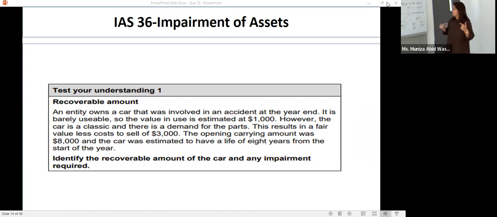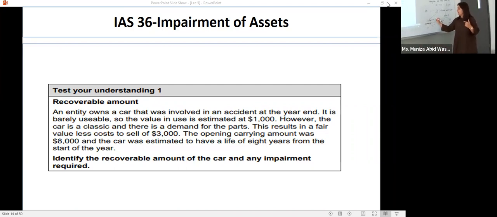The depreciation would be 8,000 divided by 8 years, which is 1,000. So at the end of the year, the carrying amount would be 7,000.